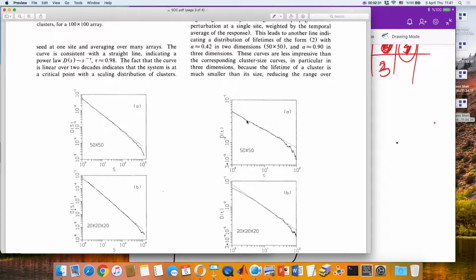Well, if you plot the frequency of the avalanche versus the size of the avalanche in a log-log plot, you get a single line. All the data falls into a straight line, except for this one, which is a finite size effect.